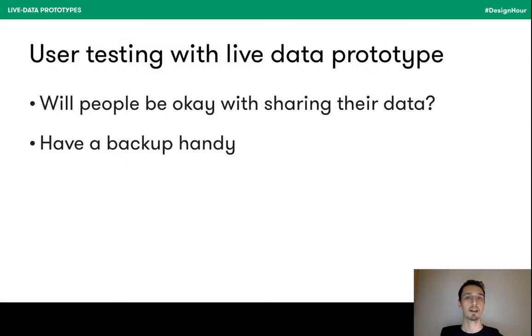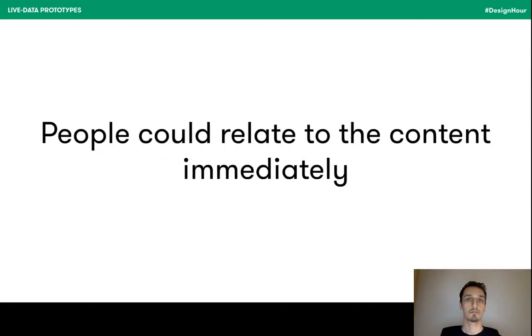So we had to have a backup handy. We actually had a separate instance of that prototype with a sample project, which, if we had to use it, would go against the idea of using live data, but we had to have that backup. Otherwise, if something happened and someone wouldn't be comfortable with using the prototype with their own data, it would lead to nothing.